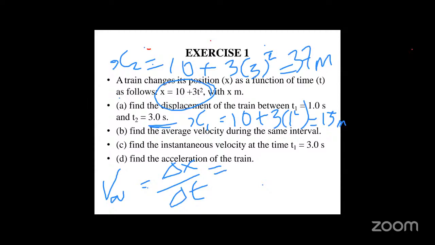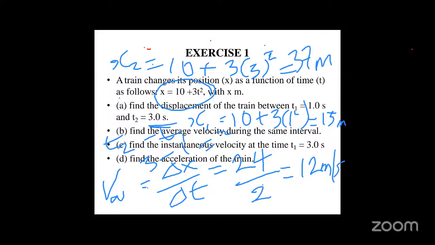That is displacement, which is 24. And what is change in time? Change in time is T2 minus T1. T2 is 3, T1 is 1, that is 2. So change in time is 2. 24 divided by 2 is 12 meters per second. So that is our average velocity.